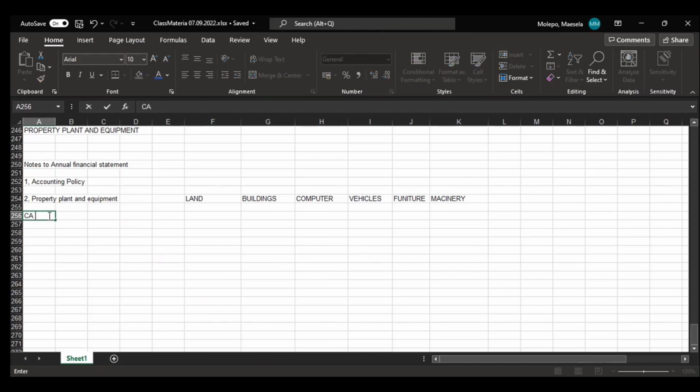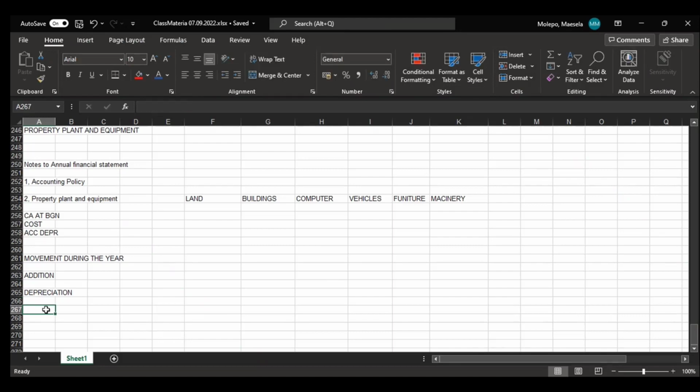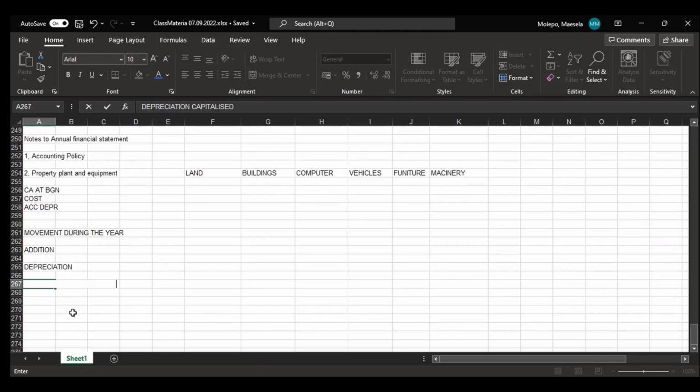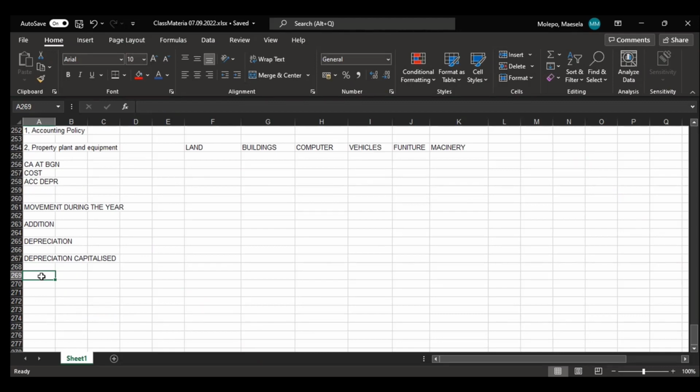Then, as usual, carrying amount at the beginning: cost, accumulated depreciation, the movement happening during the year, which will come as a result of additions, depreciation, capitalized costs, proceeds on sale, disposal at carrying amount.